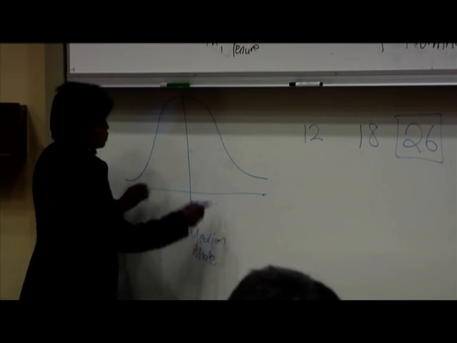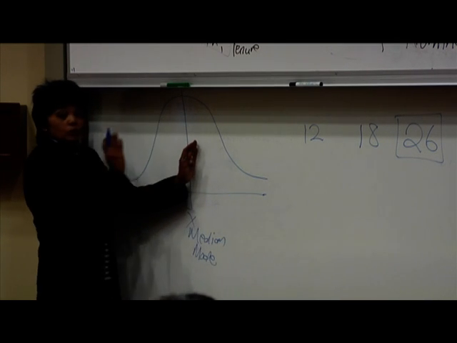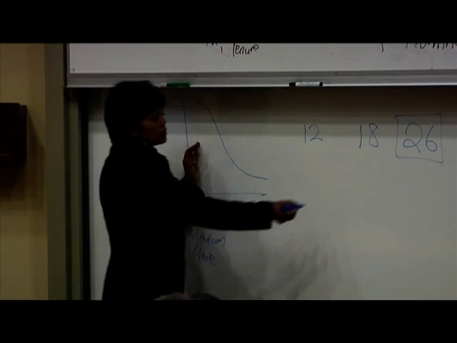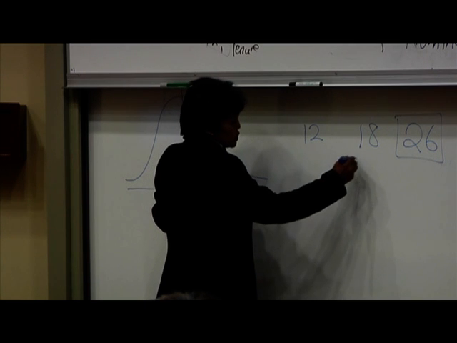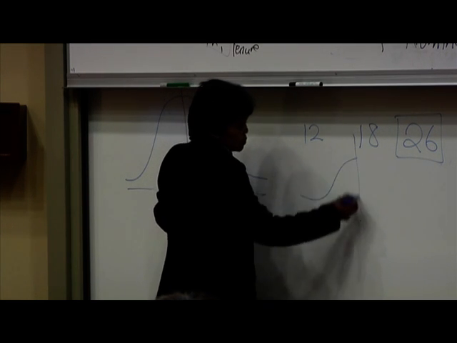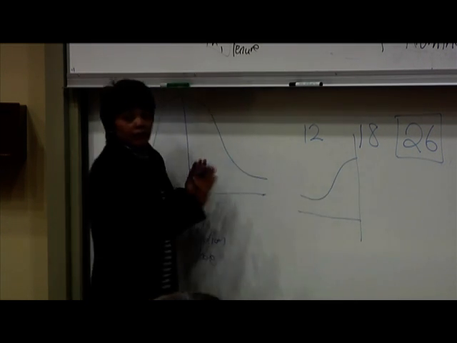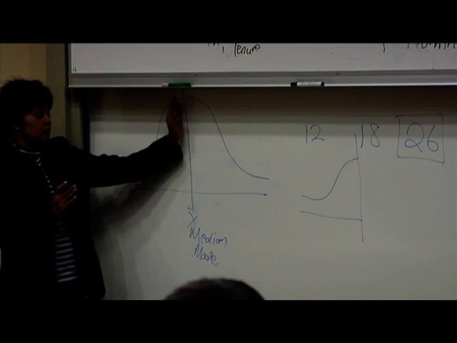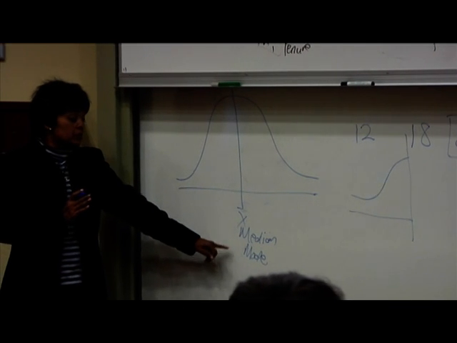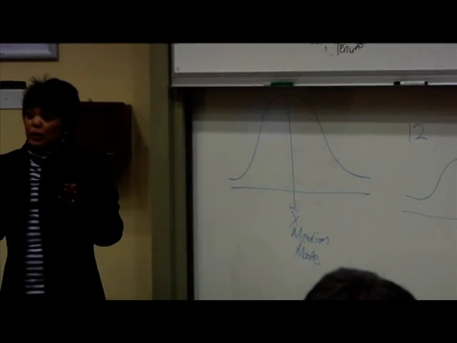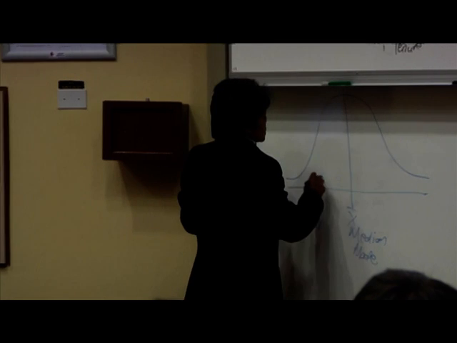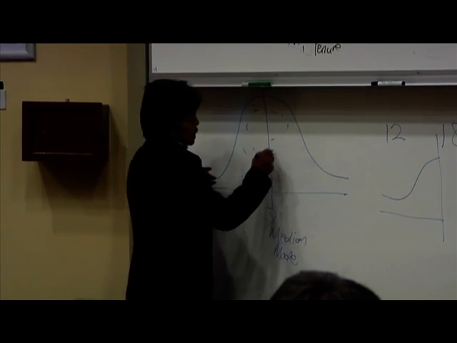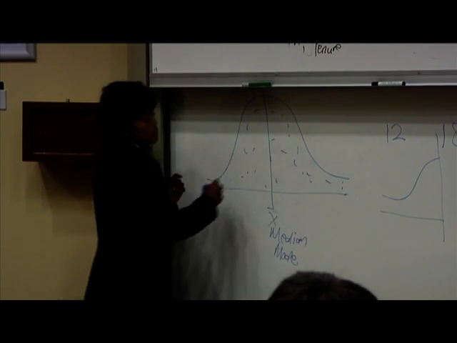If you were to fold over a normal distribution curve, it will fold exactly identical. So this is a bell-shaped curve with a center point where the mean, median, and mode are equal. What's the purpose of this? It shows the spreadability of the scores, and here it's a normal distribution curve.